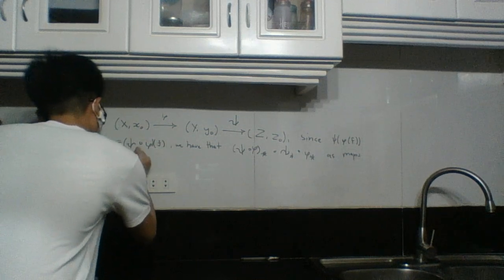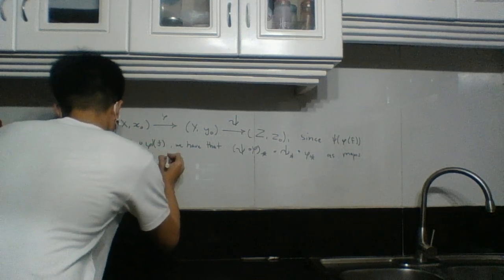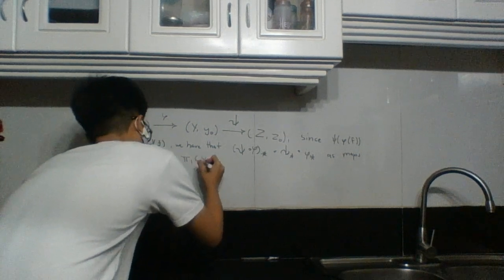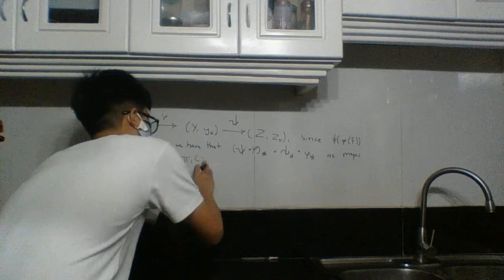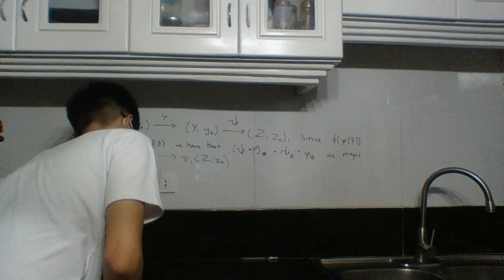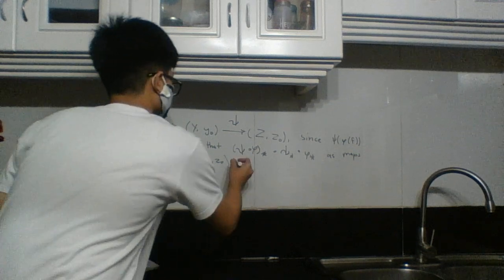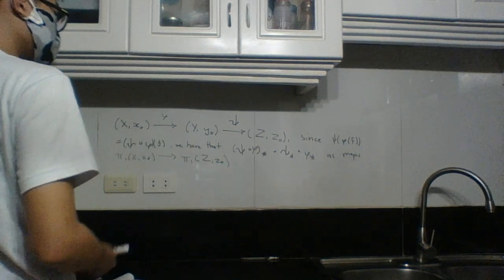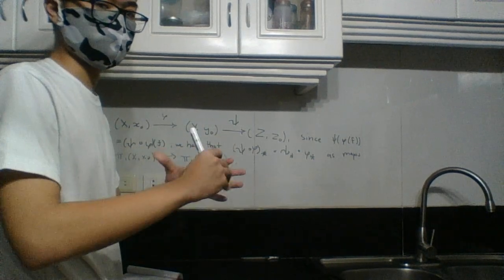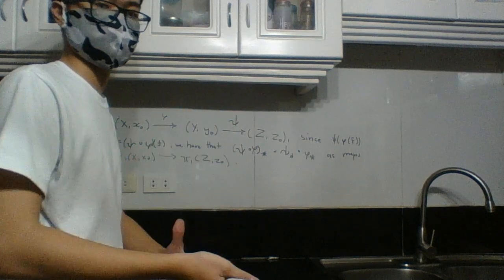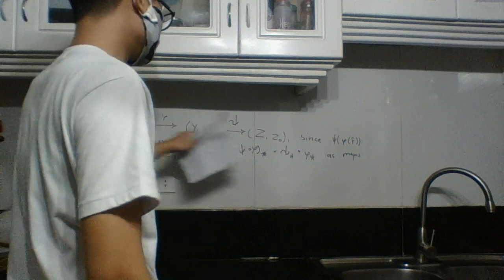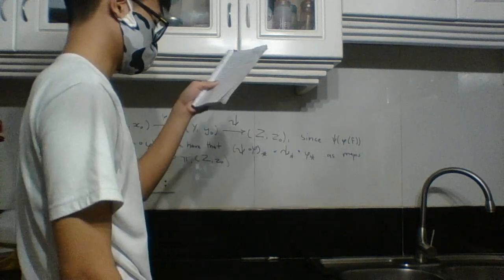Phi 1 of x naught is taken to phi sub 1 of x, z with z naught. So we are essentially taking this to this and then this to that. So we're essentially proving associativity or transitivity. I mean, we're showing transitivity between these two maps here, these operations.